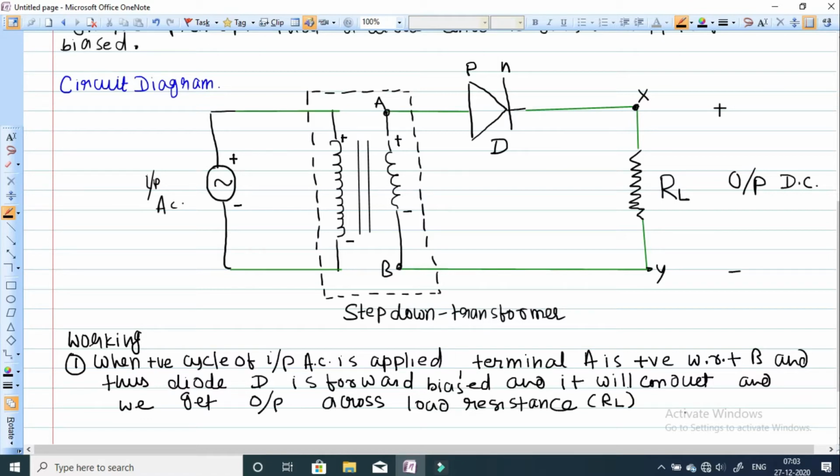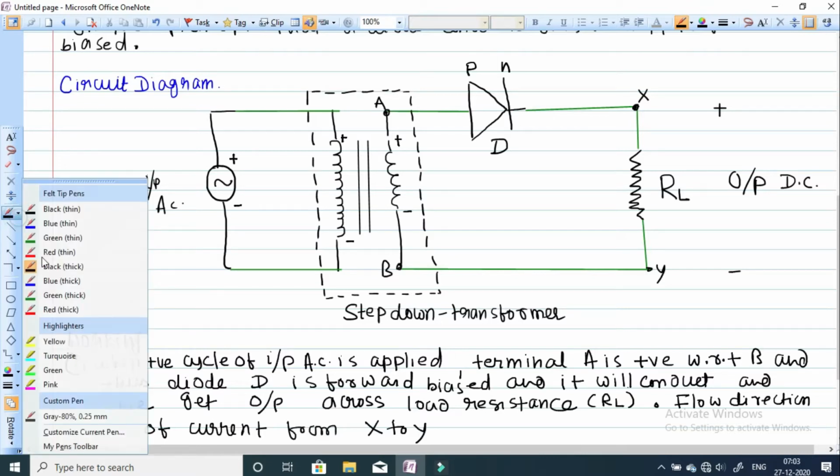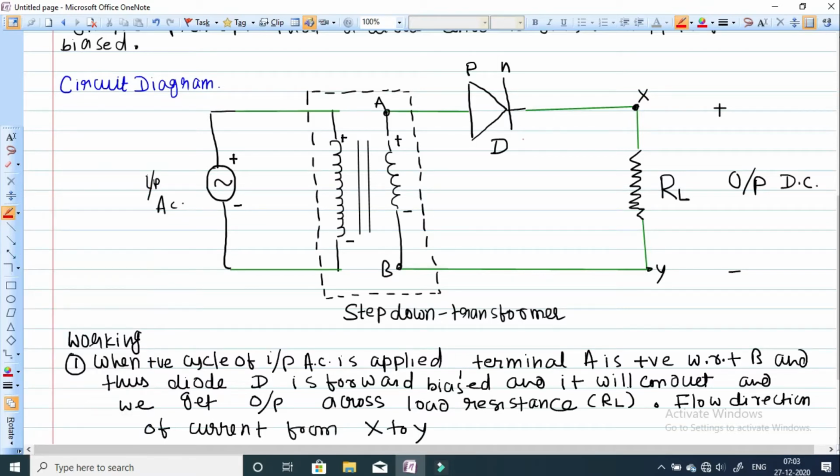The direction of flow of current is from X to Y. You can see it there. When it is forward biased, the current will flow from X to Y, like this, through the load resistance. Suppose the current is IL and the resistance is RL, then the output voltage V naught will be IL into RL. This is the output voltage.